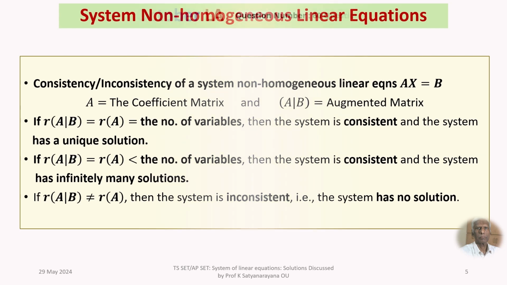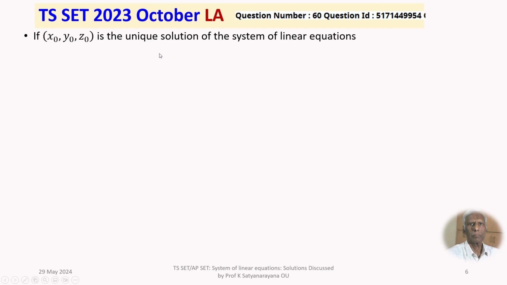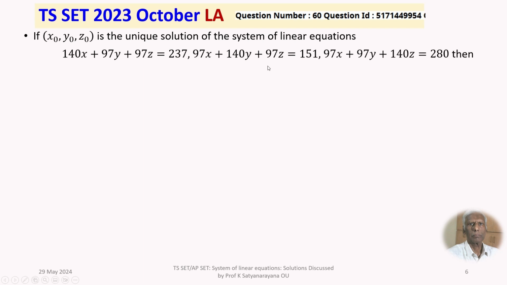The first question is from the TS SET 2023 October session, on the system of non-homogeneous equations. It is question number 60, with the question ID shown here. The question is: if the triad (x0, y0, z0) is the unique solution of the system of linear equations, first equation, second equation, third equation.